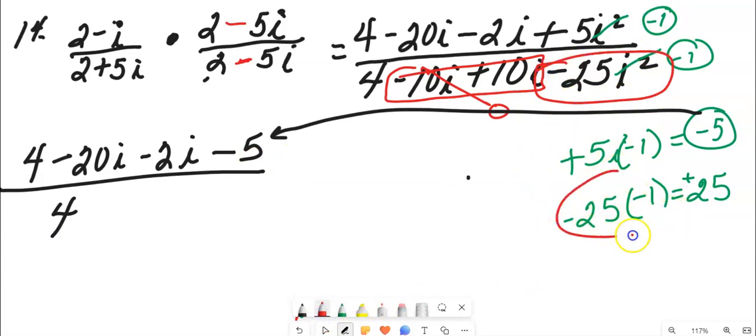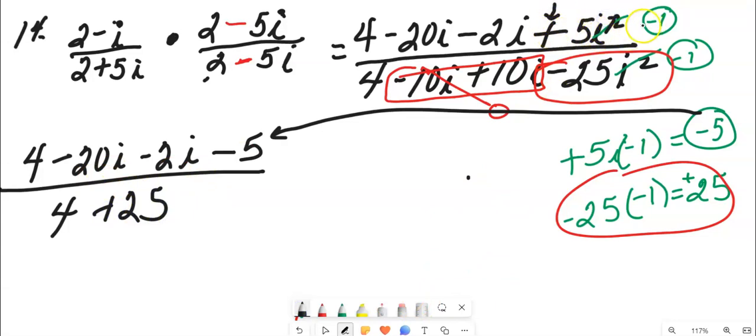We now have a plus 25. So in reality, all it does is get rid of the i squared, and you can see it just changes the operator, minus 5. Same with this. Instead of becoming minus 25, it's now a plus 25.